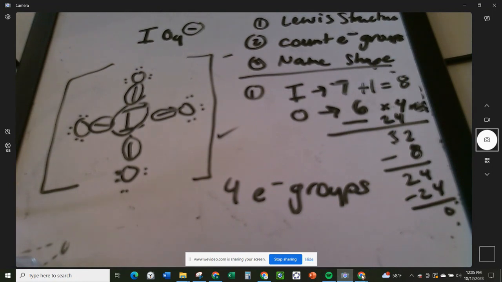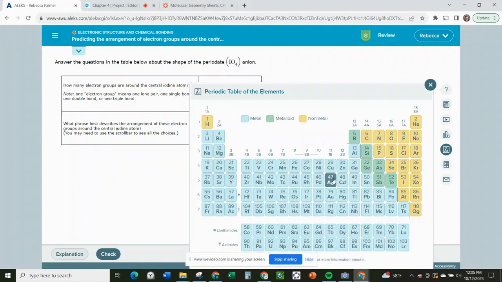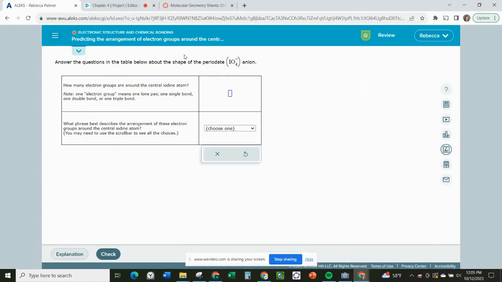So let's go back to ALEKS and type that in. So we have, in this structure, 4 electron groups around the central iodine atom. That's 4. Okay, and then what phrase best describes the arrangement of these electron groups around the central iodine atom? So be really careful here.